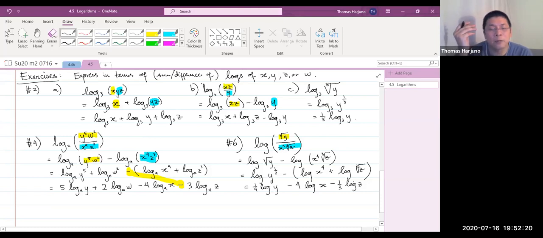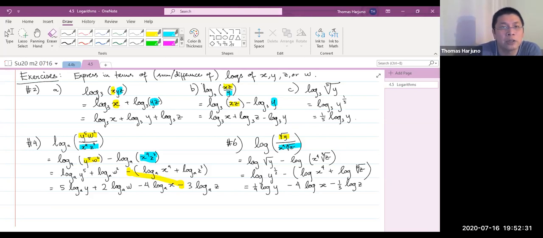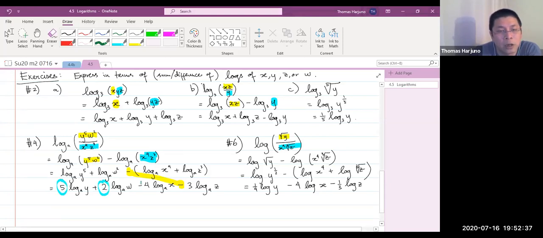Now, especially from the last two examples, I want you to see a pattern. What kind of pattern? Notice that the coefficient is always the exponent of the base. Okay, that will be positive if it comes from the numerator.